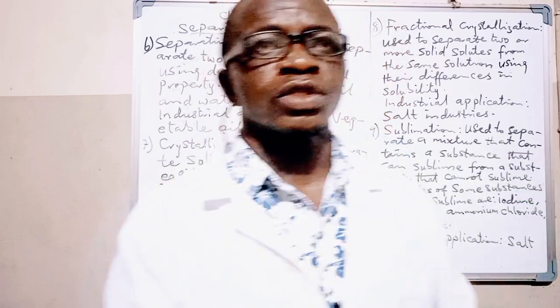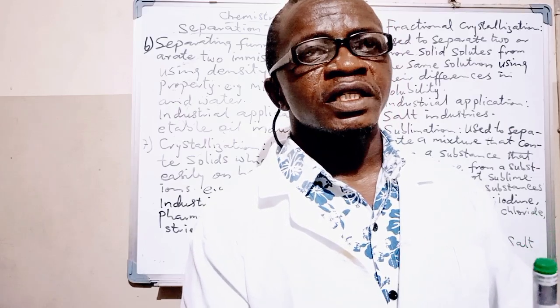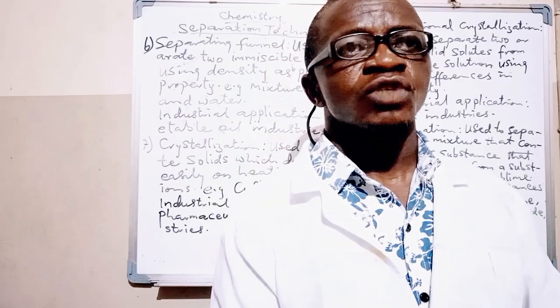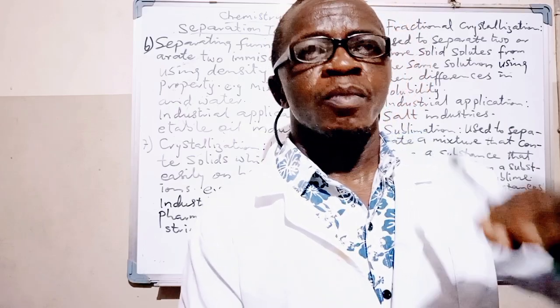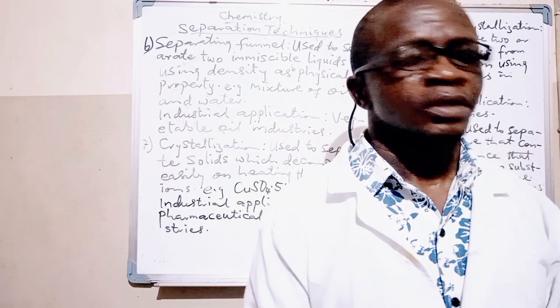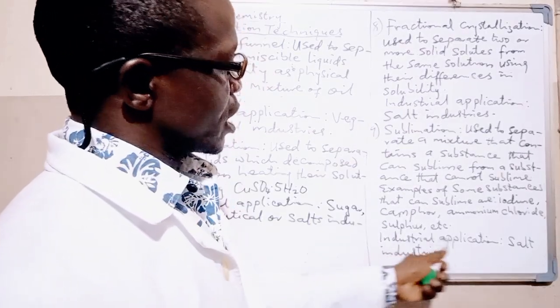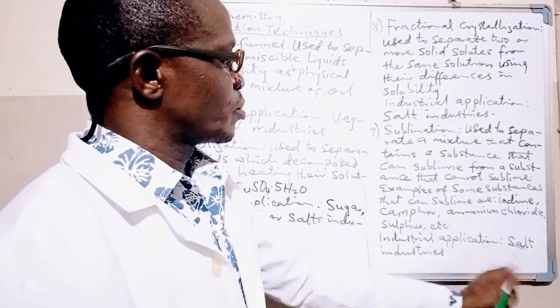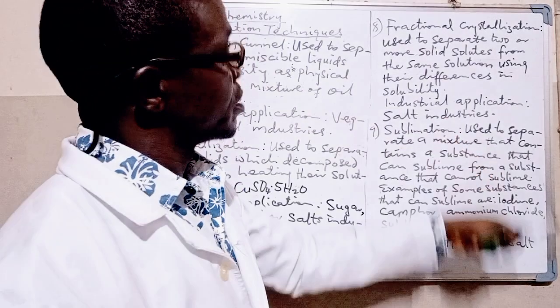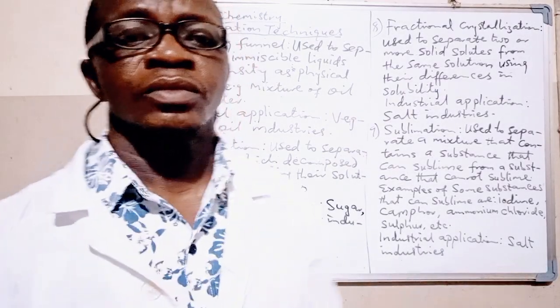Sodium chloride, because sodium chloride cannot sublime. The leftover in your beaker is sodium chloride. Ammonium chloride has escaped. The industrial application of sublimation, for ammonium chloride, is the salt industry.